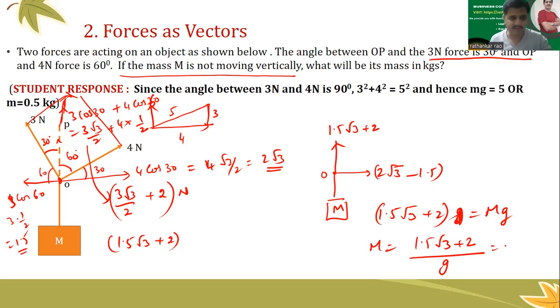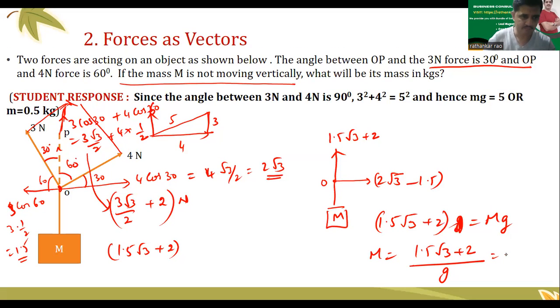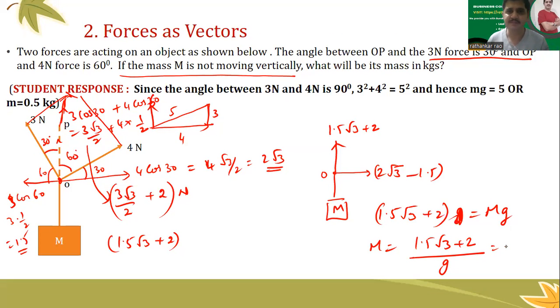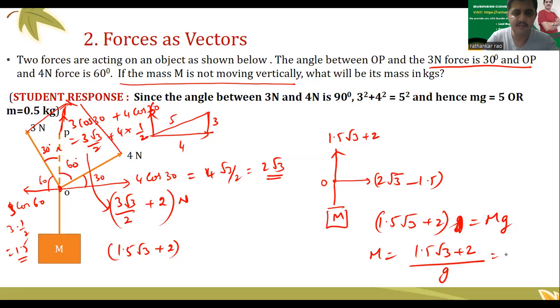Let us calculate what this value is. Let me use my calculator. 1.5 into 1.732 equals 2.598, plus 2 will become 4.598, divided by 10.